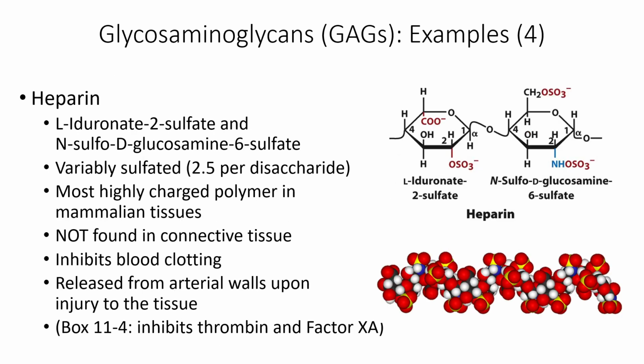So our next example of a glycosaminoglycan is heparin. Heparin has a very different sugar that we haven't talked about as the first sugar, and that is L-iduronate 2 sulfate.